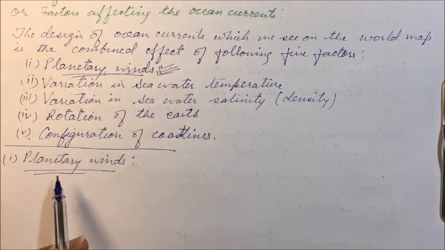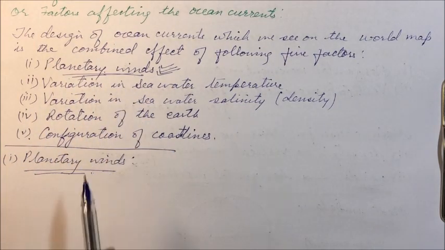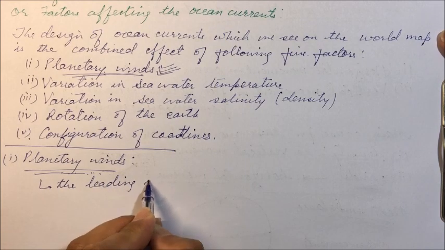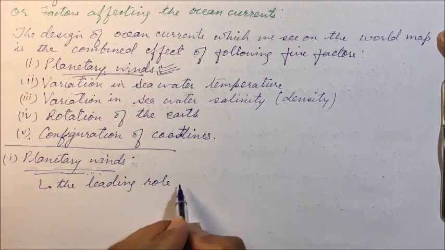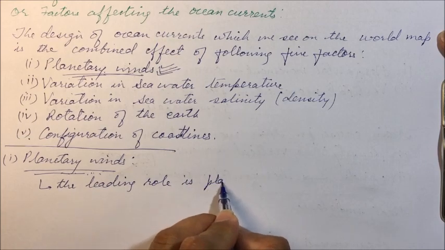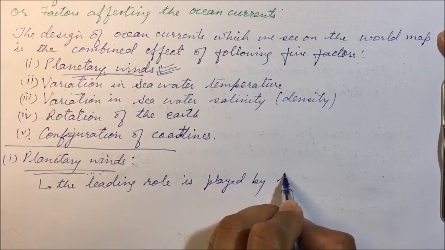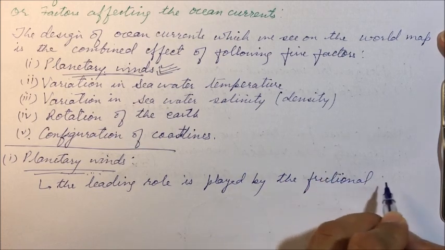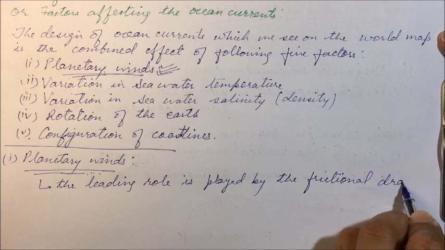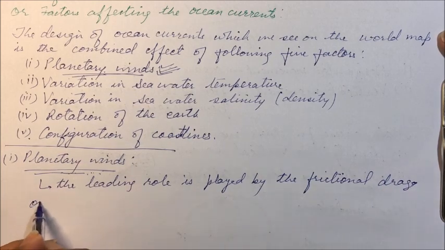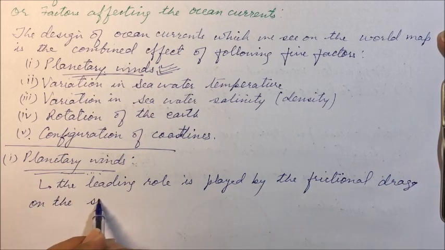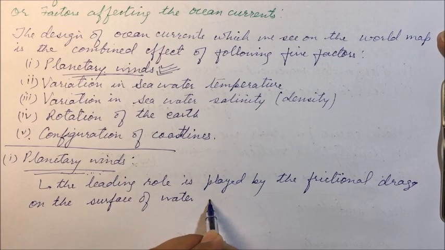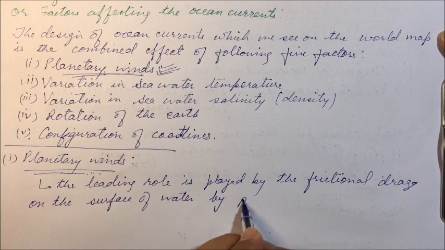Among these 5 factors, planetary winds play the major role. The leading role is played by the frictional drag on the surface of water by planetary winds.